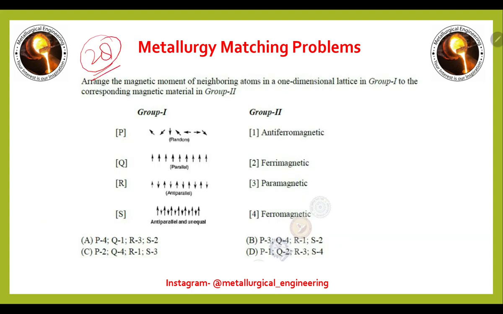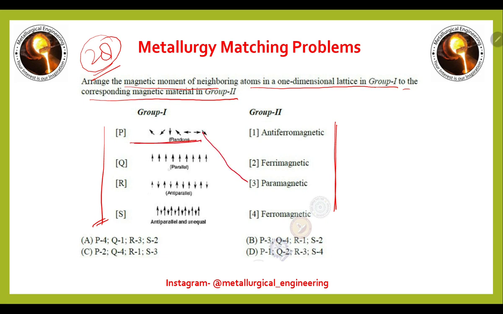The 28th problem. In this problem, the magnetic moments of neighbor atoms in a one-dimensional lattice are in group 1, and the corresponding magnetic materials are in group 2. This kind of magnetic moment matches with the paramagnetic material, and where all the spins are aligned in a single direction, that matches with ferromagnetic material.